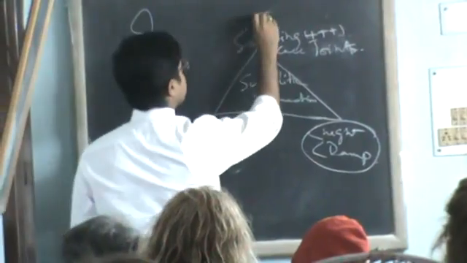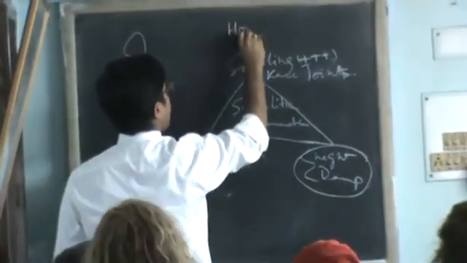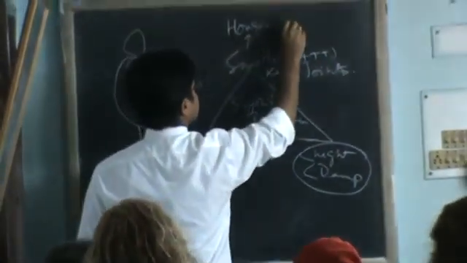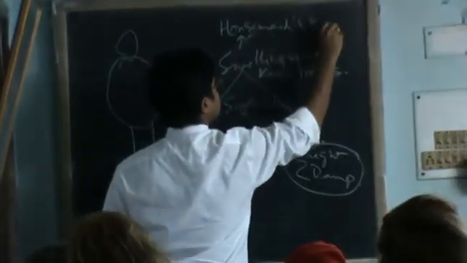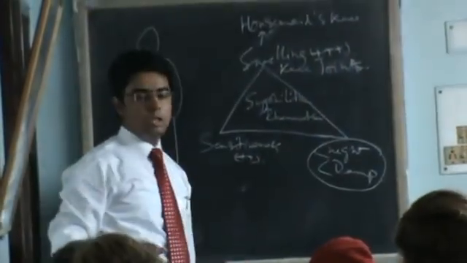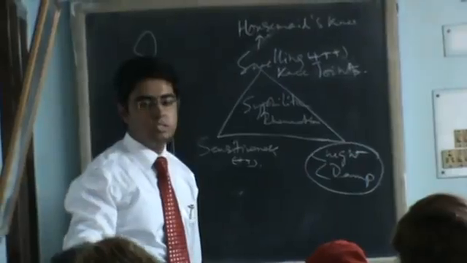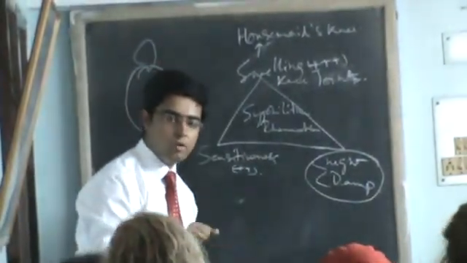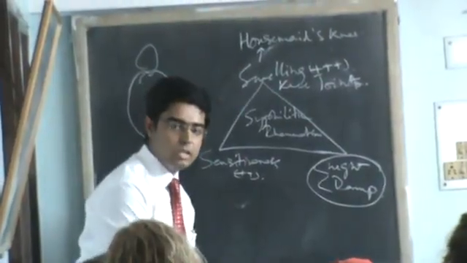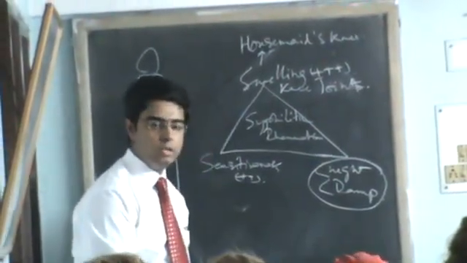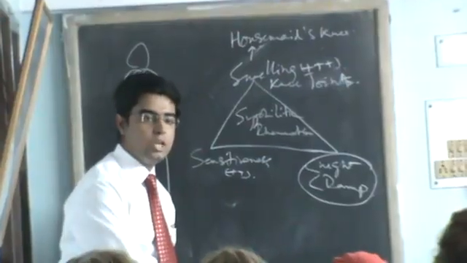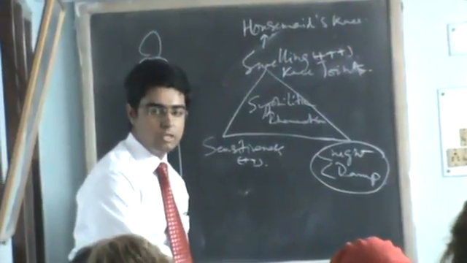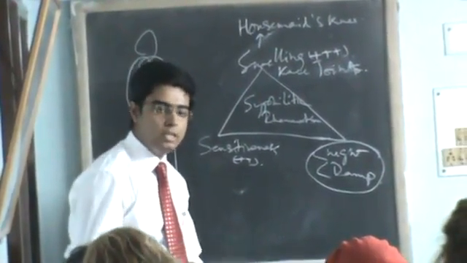This swelling in the knee joints, we also know as housemaid's knee. Generally the housemaids walk on the ground and they are cleaning, kneeling down on their knees, and it causes friction resulting in inflammation, so there's lots of swelling in the knee joints.